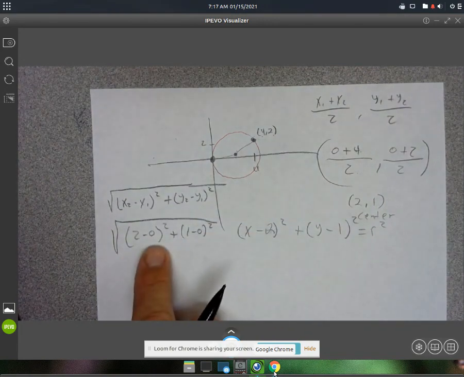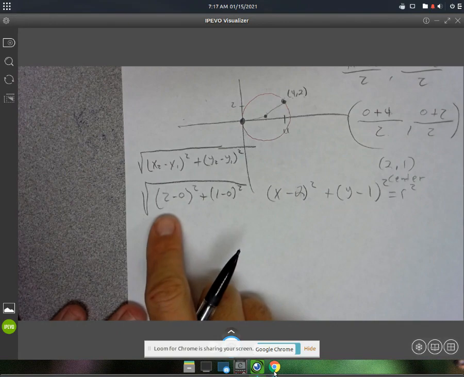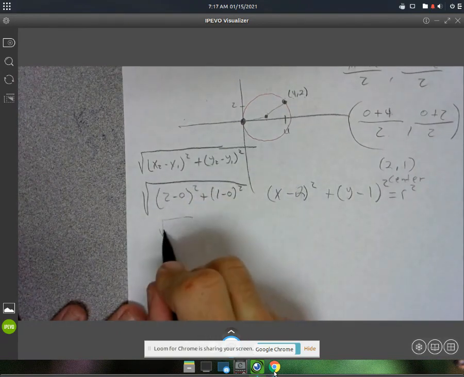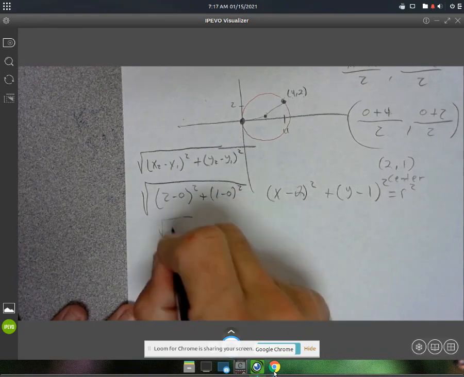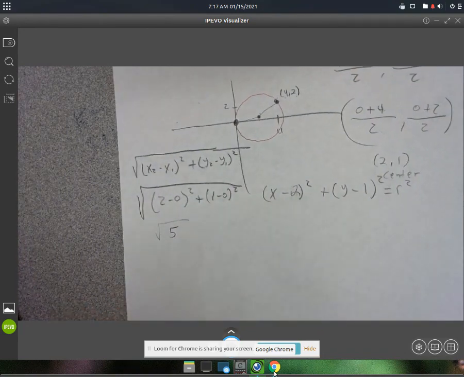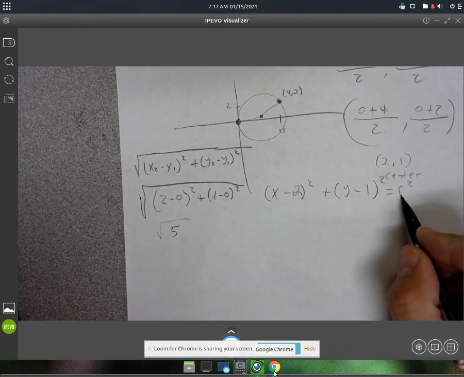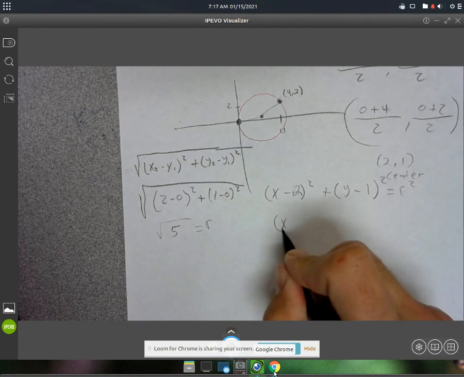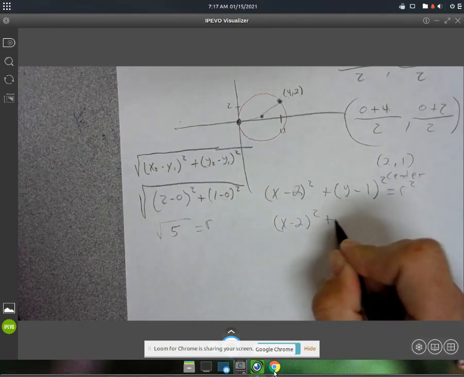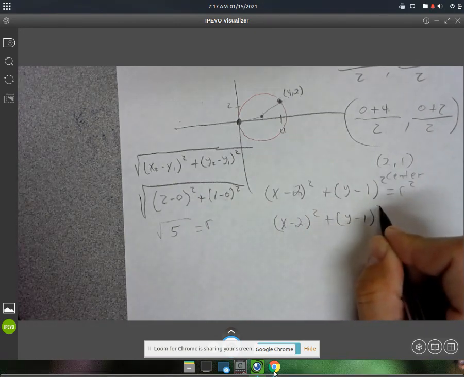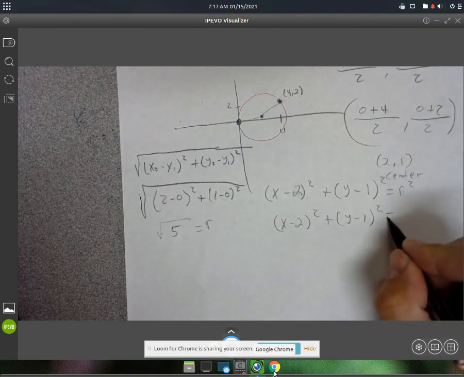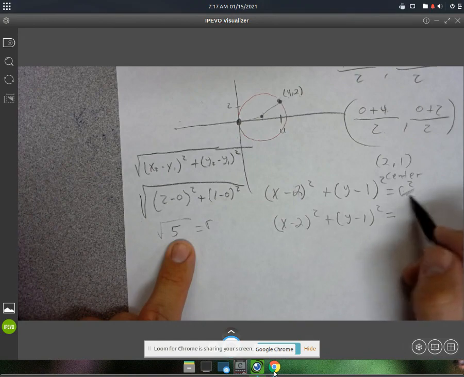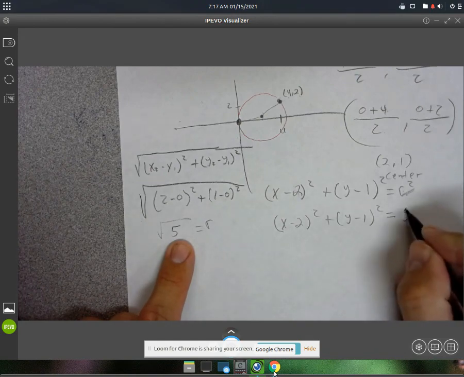This is going to give us our radius. So this is 2 squared, which is 4, and then this is going to be 1, so you get the square root of 5. Our radius is equal to the square root of 5. So the equation is (x minus 2) squared plus (y minus 1) squared equals r squared, which is just going to be 5.